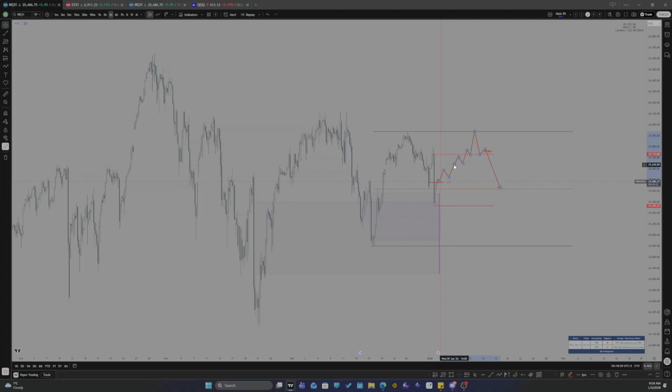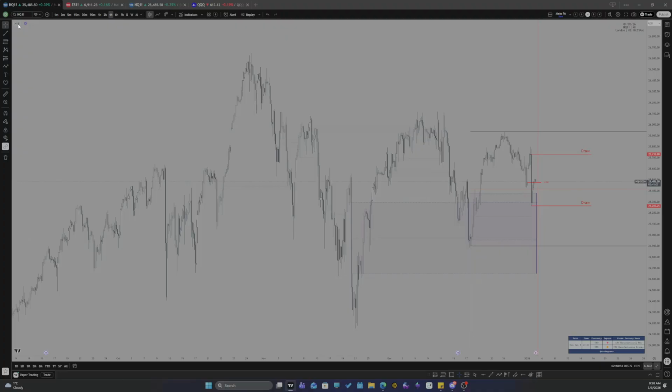But we could maybe trade this leg up here. Now we have that draw on the bullish side, we have the draw on the bearish side, and let's look at something else.